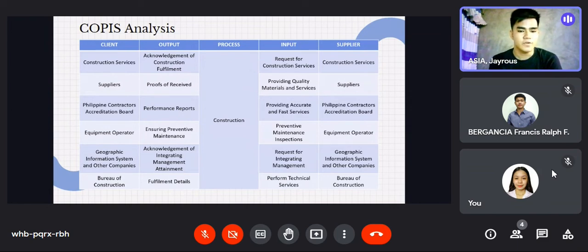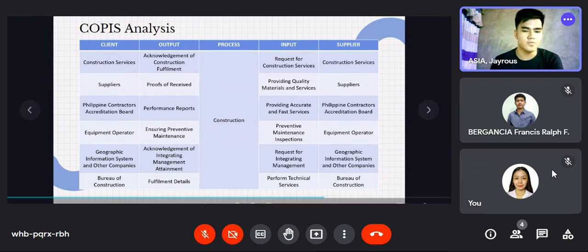With the request for integrating management as our input to the geographic information systems and other companies, which are our clients, the output will be the acknowledgement of integrating management attainment. And lastly, performing technical services is the input to the Bureau of Construction, which is the client, and the fulfillment details will be the output. As you can see, the clients are just the same as in the column of suppliers.